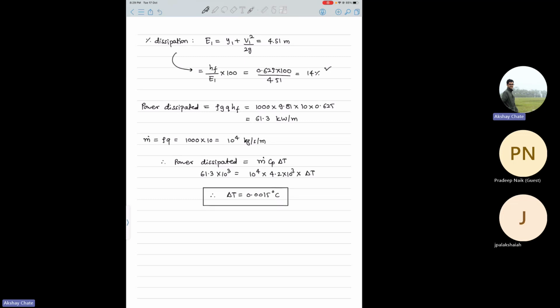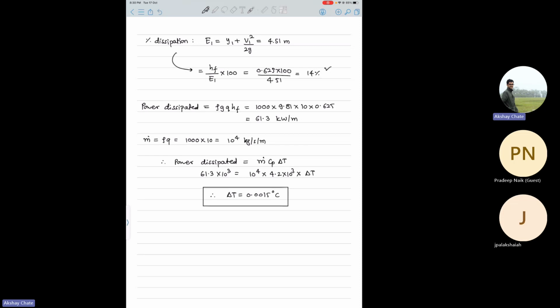The point that I wanted to tell you is, even though the hydraulic jump is an energy dissipation process, you will not observe much change in the temperature of the flow after hydraulic jump, because when it turns from supercritical to subcritical, most of the energy is lost in viscous dissipation and it is carried away with the flow.